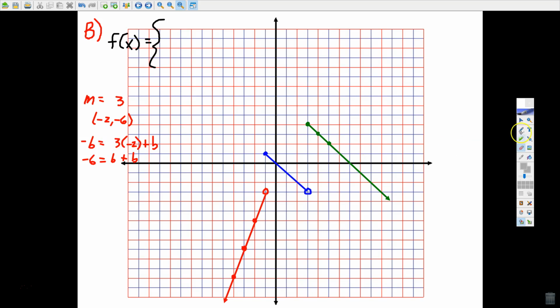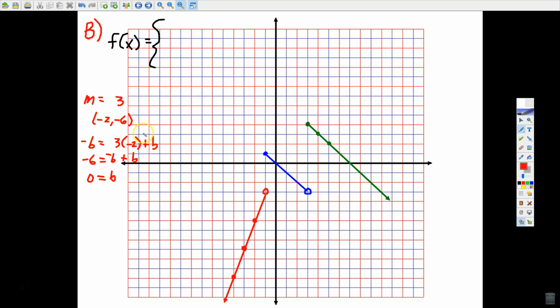I didn't want to start this all over. We're too far in. Sorry. Here we go. All right, so I think I've made the adjustment. Our slope should be positive 3. When we add 6 to both sides, we get a y-intercept of 0.